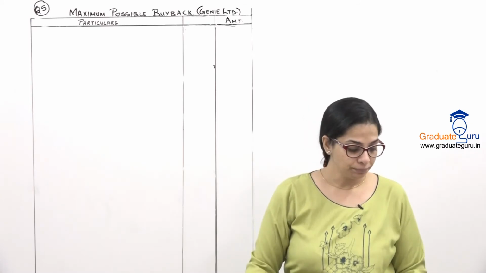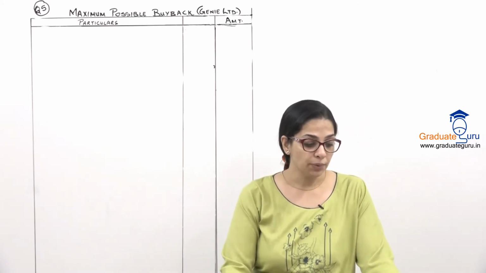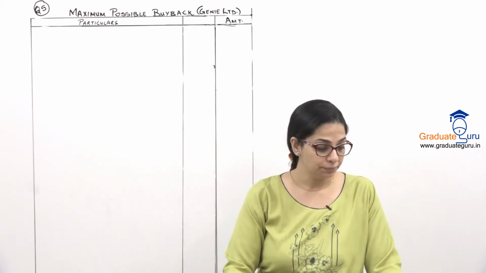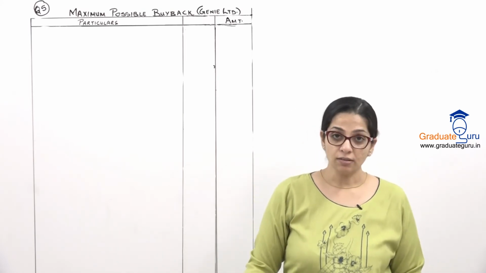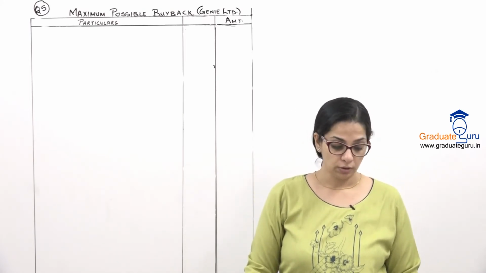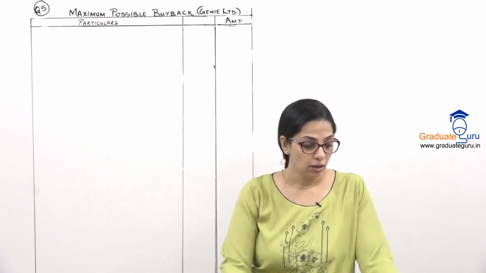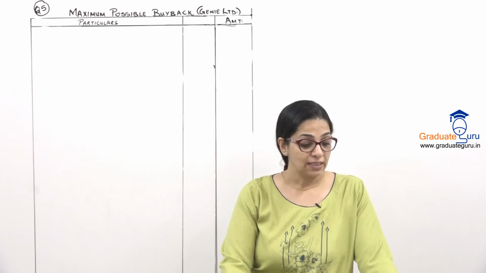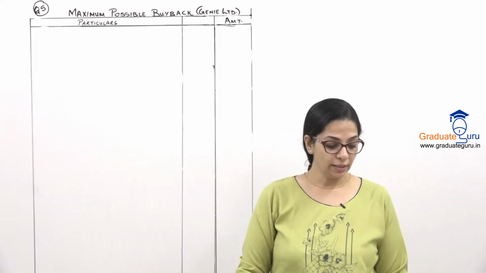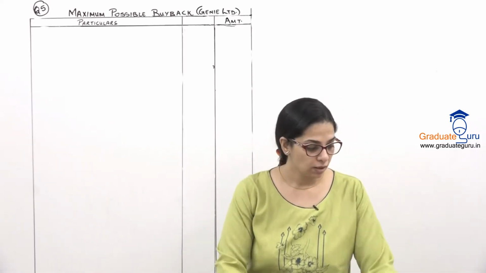Let's read the sum. The following balances appeared in the books of Genie Limited. 2 lakh equity shares of rupees 10 each, 20 lakh is the amount. Revenue reserve 4 lakh. Profit and loss account 10 lakhs. Security premium account 6 lakhs.